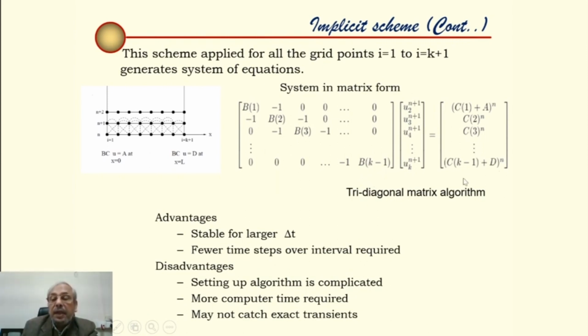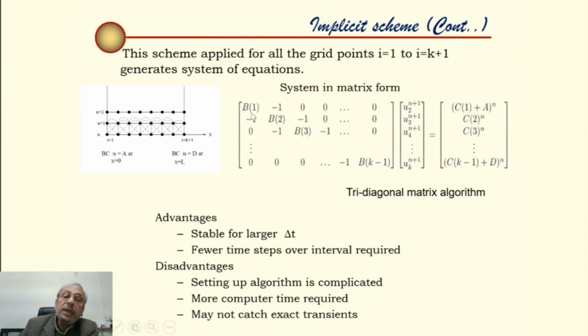This equation can be solved very easily, because we will read a little later that tridiagonal matrix systems can be inverted very easily through an algorithm known as the Thomas algorithm. That is why we prefer to formulate the problem in such a way that we get a tridiagonal matrix.